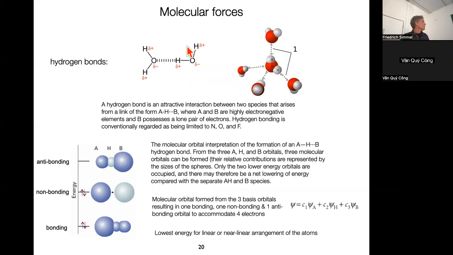And these hydrogen bonds can be treated in a similar way as a covalent bond where two atoms sort of share, in a sense, an electron. And here they would share a hydrogen atom.